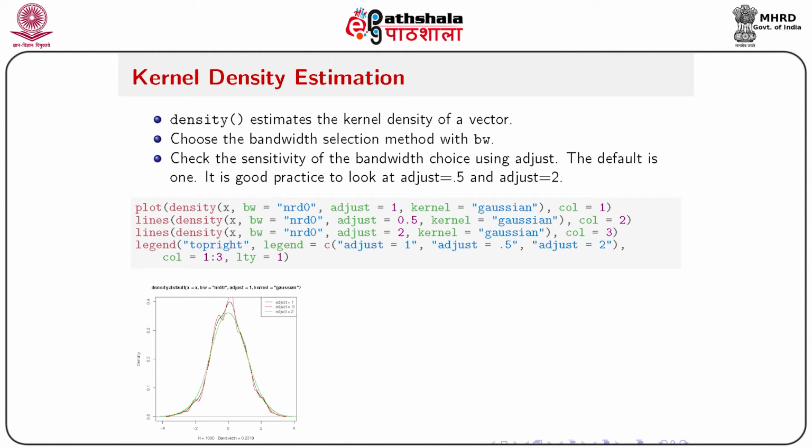So there are three choices: adjust 1, 0.5 and 2. Then legend("topright", legend = c("adjust = 1", "adjust = 0.5", "adjust = 2"), col = 1:3, lty = 1), and that will give you a kernel density plot.